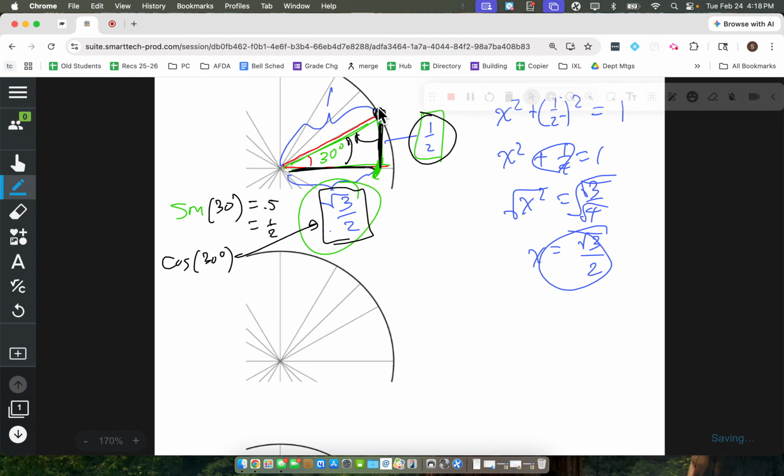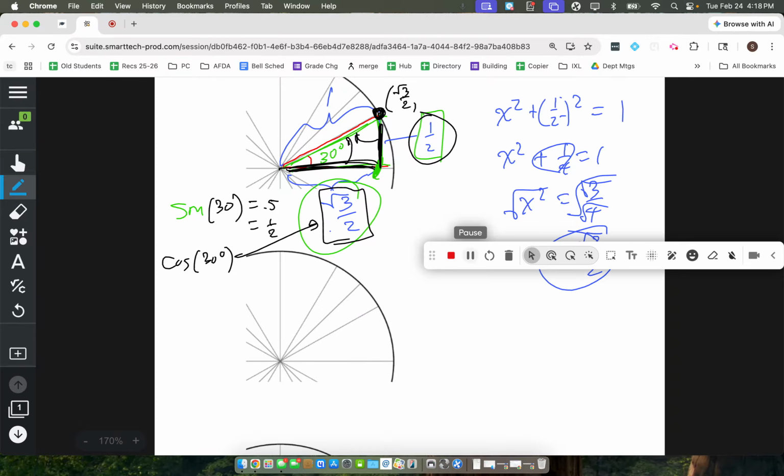And this point on the xy axis is exactly this far from the y-axis. So the x of that coordinate point is this, and the y of that coordinate point is 1/2.